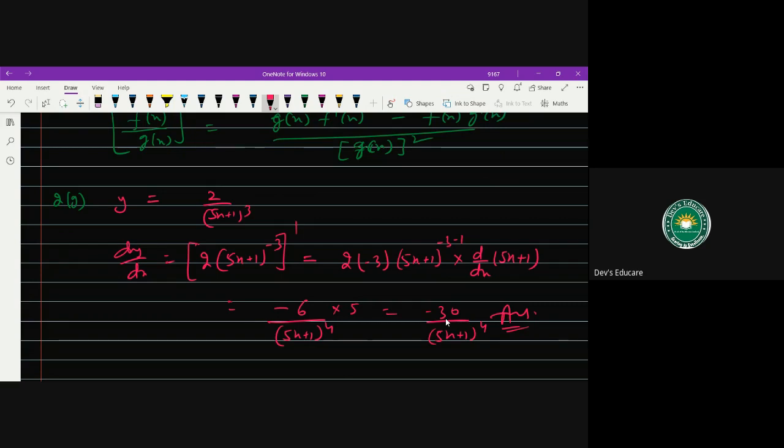The derivative of any constant is 0. It's not together, it's separate: the derivative of 5x plus the derivative of 1. The derivative of 5x is 5 and the derivative of 1 is 0. That's it.